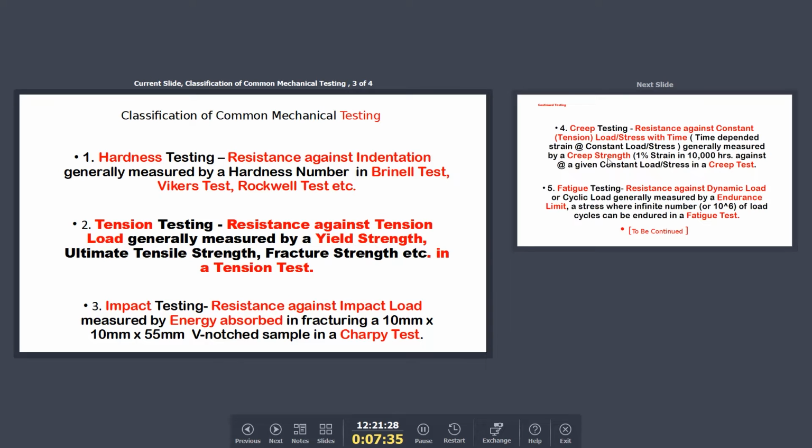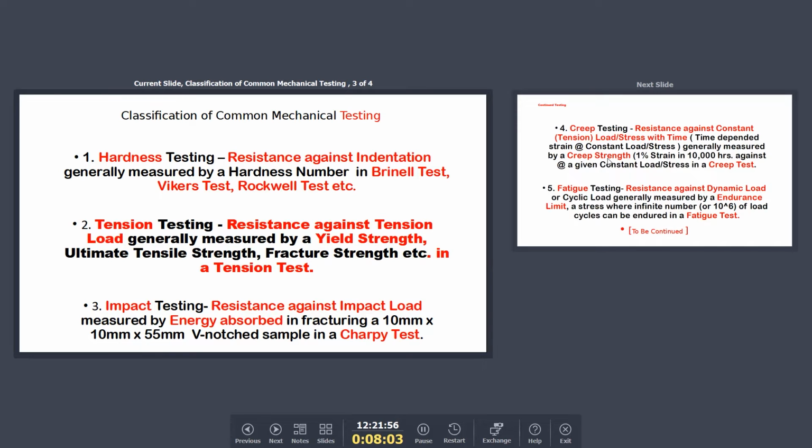Why is steel so much used in construction of buildings, bridges, equipment, everywhere you will see steel, steel, steel, steel. Why? Because steel has a very well accepted resistance against tension load.